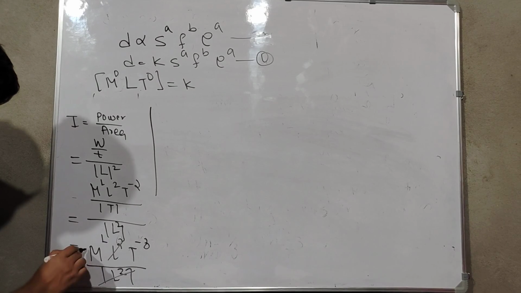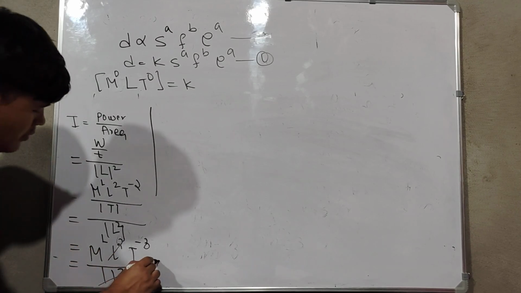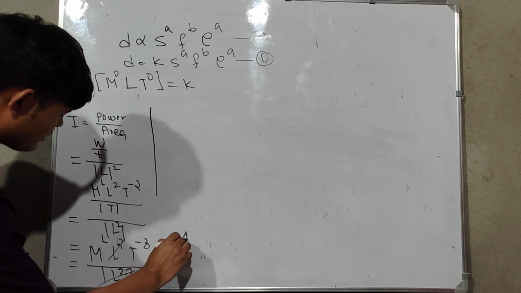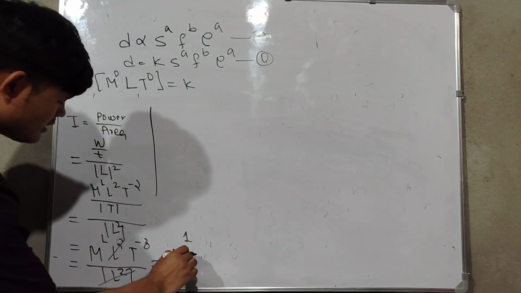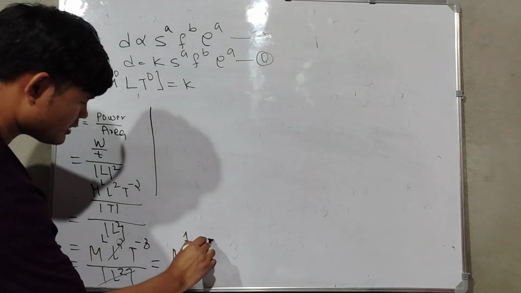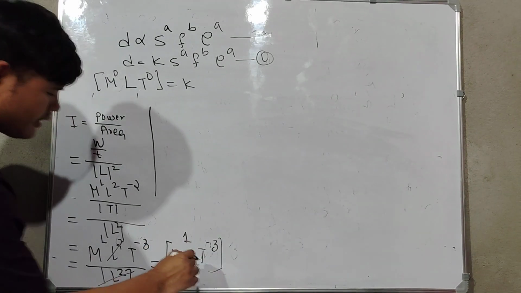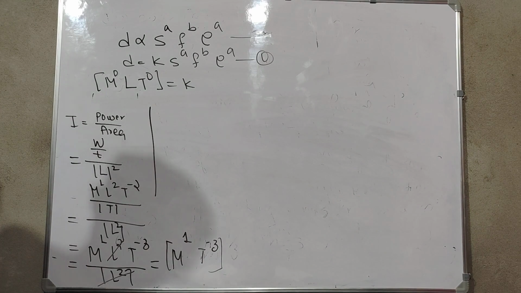So this L squared will get cancelled. So the dimension is M1 T to the power minus 3.